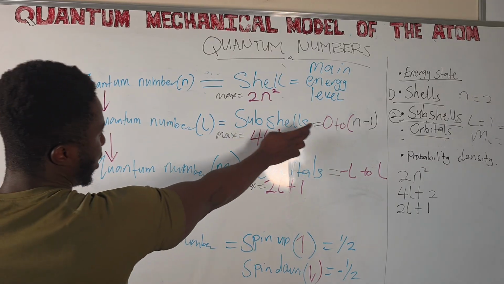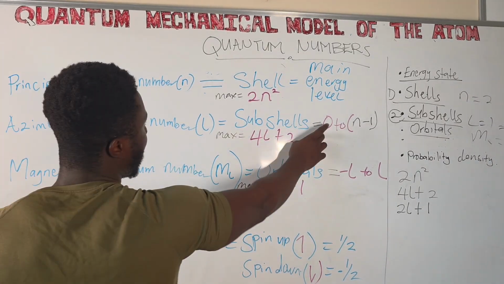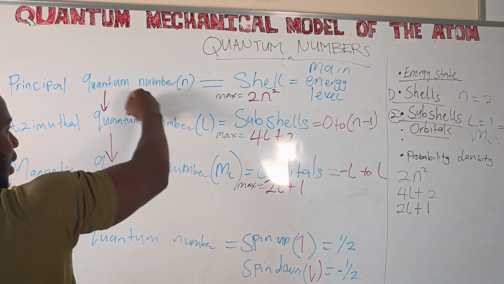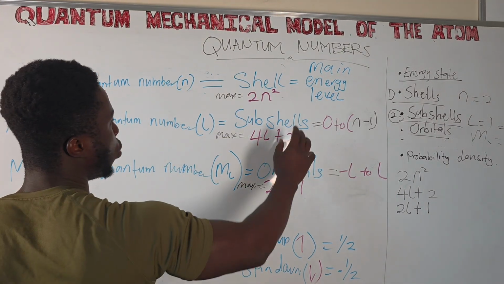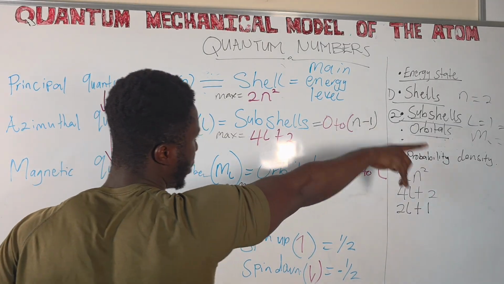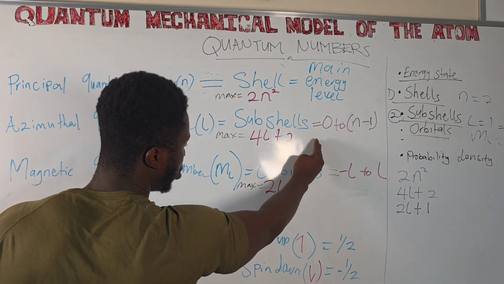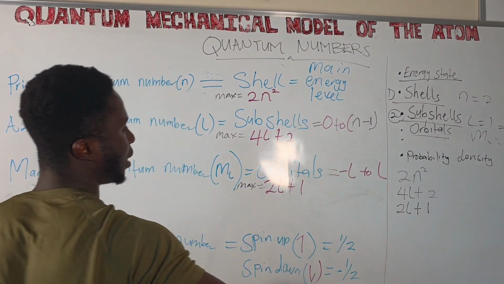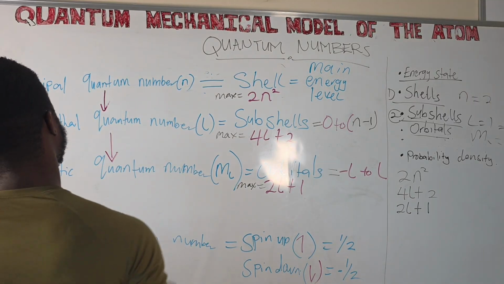And it is the subshells of the shells. It is derived from the principal quantum number. How is it derived? We take the quantum number and subtract 1 from it. Then we count from 0 to the number we get. So that's why we have 0 to n minus 1 over here.